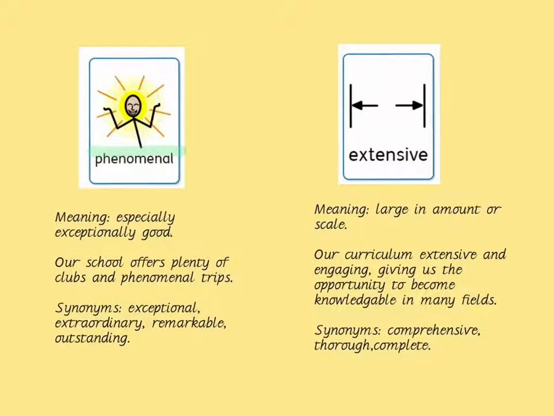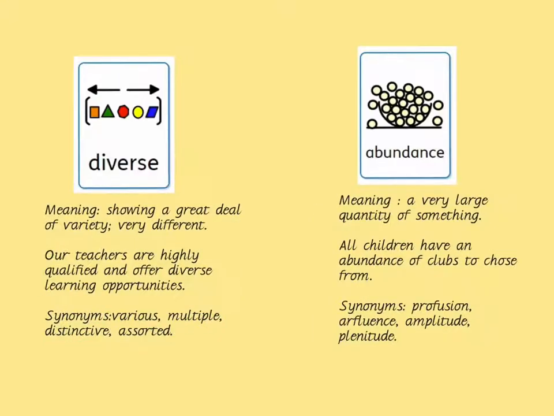Your turn. Phenomenal means exceptionally good, and you can replace that with exceptional, remarkable, extraordinary, and outstanding. Extensive. Your turn. It means large in amount. You can also use comprehensive, thorough, and complete to mean extensive. Diverse.